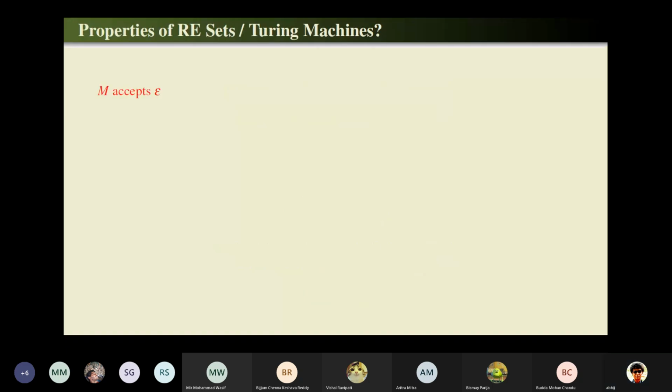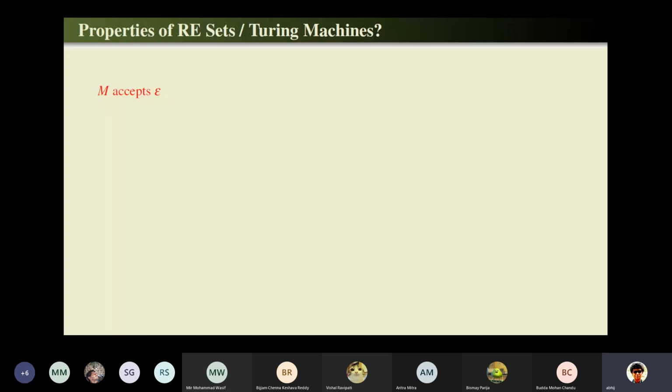So once again, let's investigate that issue. The properties that we are talking about are the properties of RE sets or Turing machines. Properties are anyway specified by Turing machines, so it is good to understand whether we are talking about properties of their languages or properties of them.